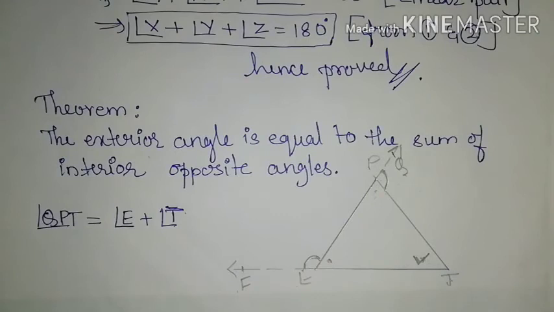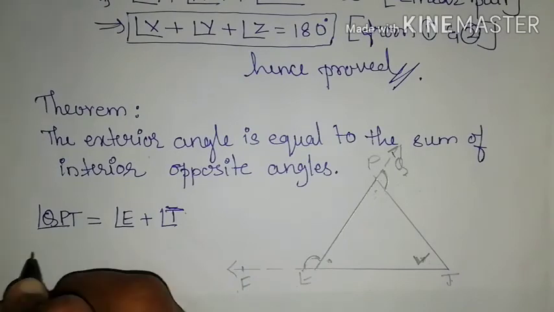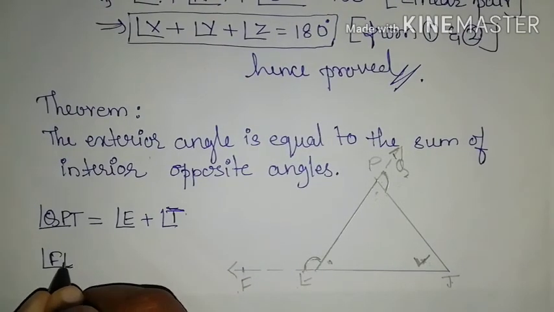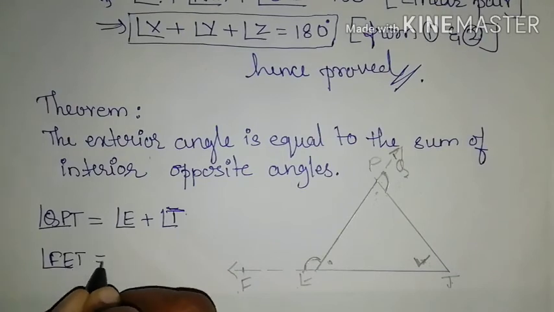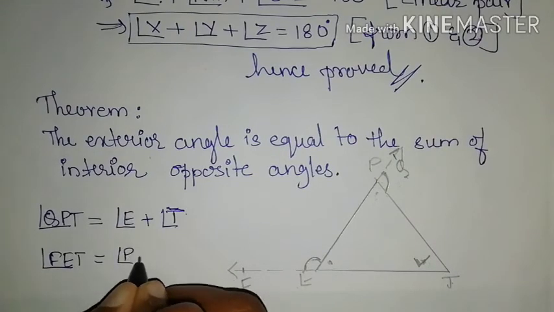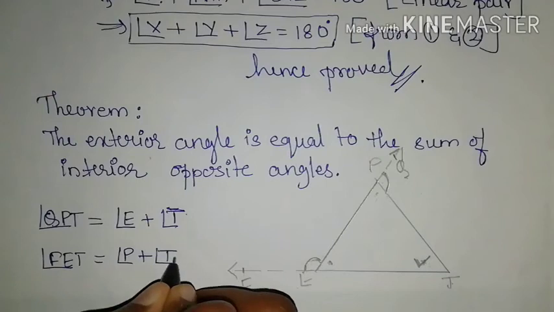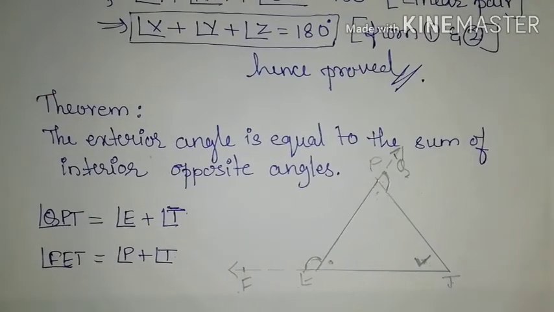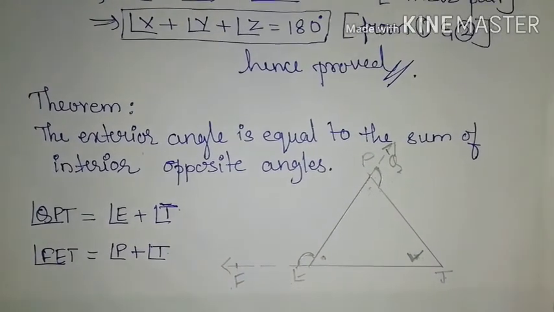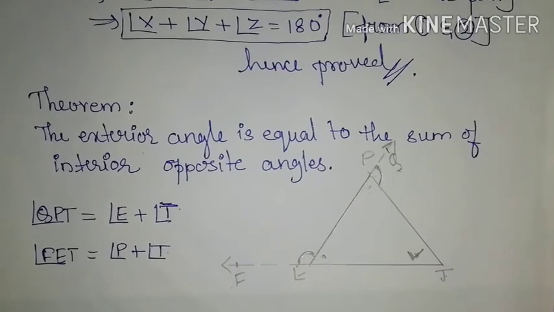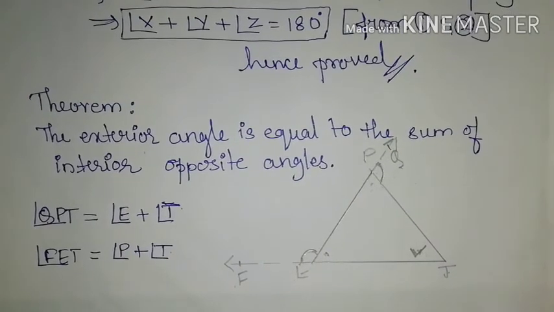So if I were to write that relationship, then angle FET is equal to angle P plus angle T. So the theorem states once again, the exterior angle drawn to a triangle is equal to the sum of interior opposite angles. So in the upcoming problems which we will be solving, we will be making use of both of these theorems.